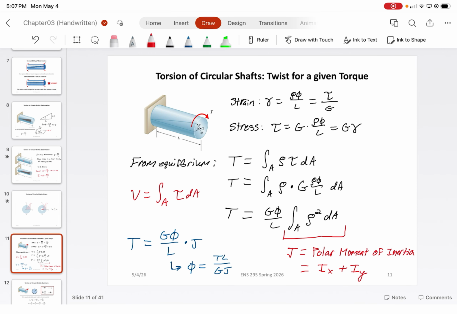And what we end up with is we can take out the shear modulus, the angle of twist, and the length, because those are all independent of our small area dA. And once you integrate that, we get a term known as the polar moment of inertia, which you guys would see as just Ix plus Iy for any generic shape.